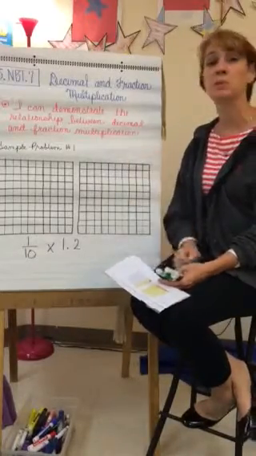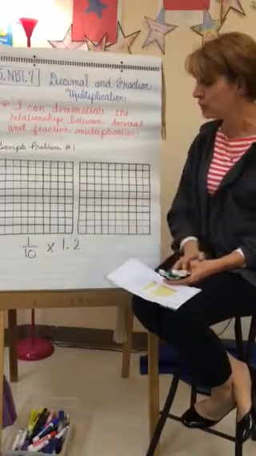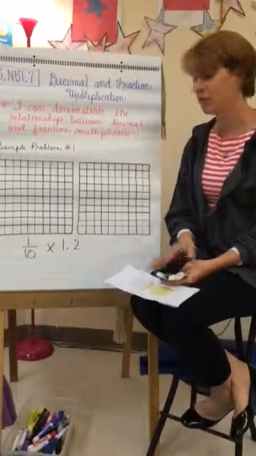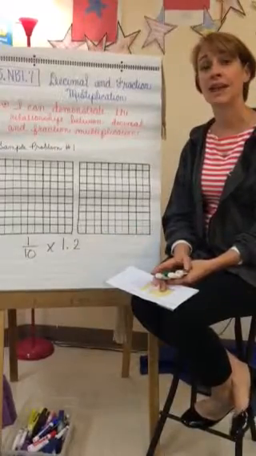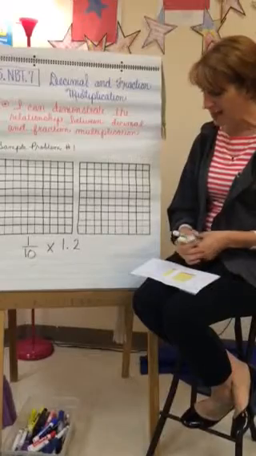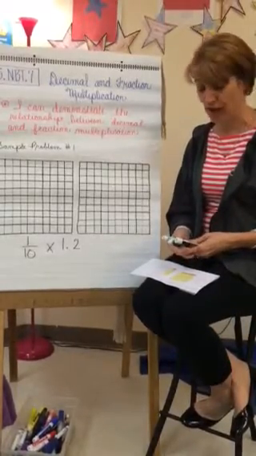Now, sample problem number 1 will be solved using a model. The problem is written as 1/10 times 1.2. 1/10 is written as a fraction, and 1.2 is written as a decimal. So the first thing I would have the students do is rewrite 1.2 as a fraction.